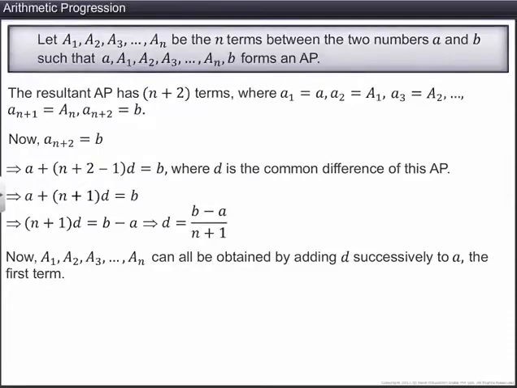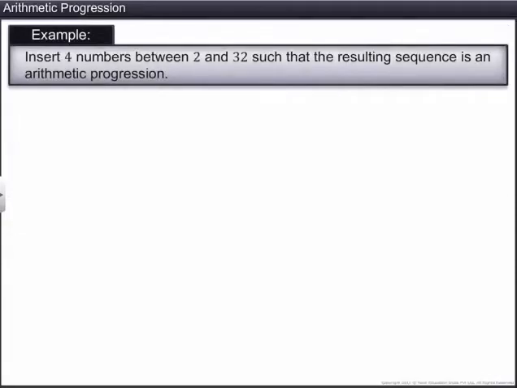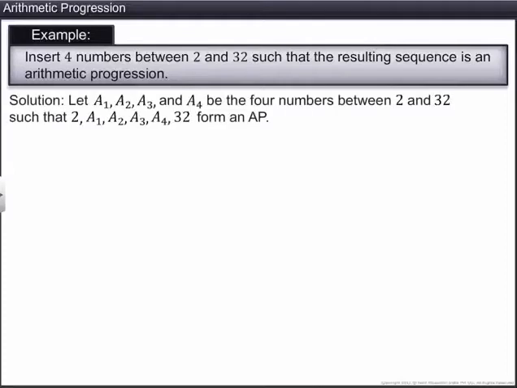Let us consider one example. Insert 4 numbers between 2 and 32 such that the resulting sequence is an arithmetic progression. Let A1, A2, A3 and A4 be the 4 numbers between 2 and 32 such that 2, A1, A2, A3, A4 and 32 form an arithmetic progression.